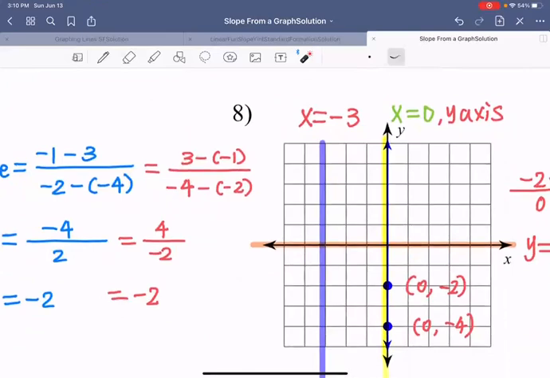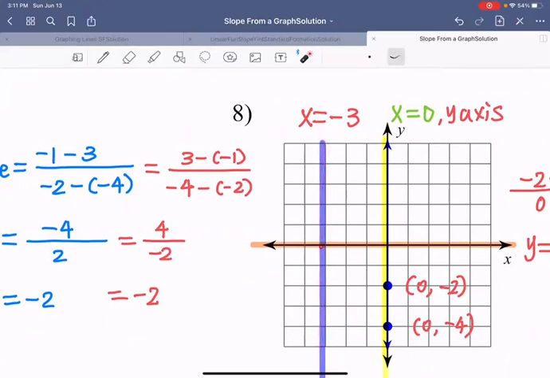How about this guy? Shangli, how much is the slope for this vertical line? This is the vertical line.